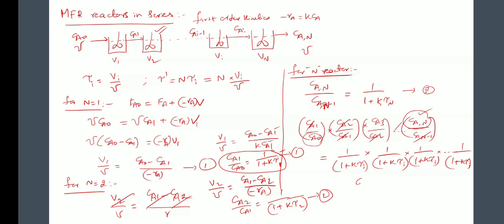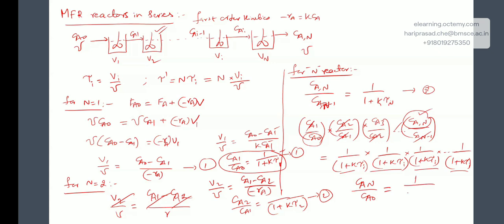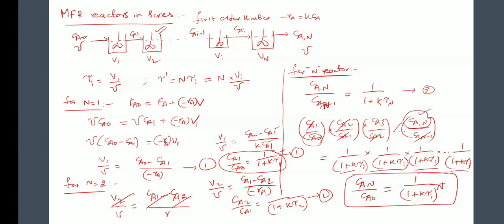Then you will get Can divided by Ca naught on the left hand side after cancellation. On the right hand side, if you multiply, you will get 1 by 1 plus k tau I whole to the power of n, which is the general expression for n number of CSTRs.